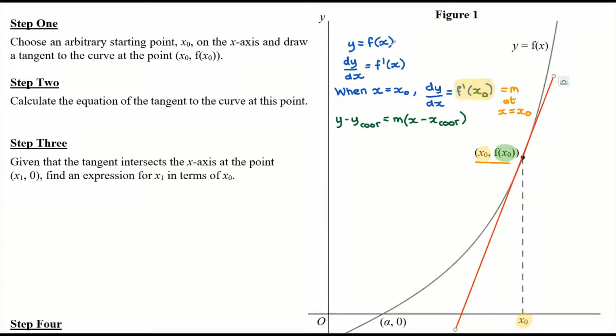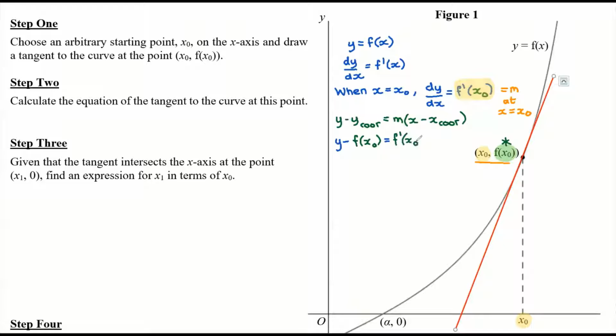So this is going to give us y subtract the y coordinate, which is f of x naught, the one that I've highlighted right here. Okay, that's the y coordinate, is equal to the gradient, which we now know is f dash of x naught.